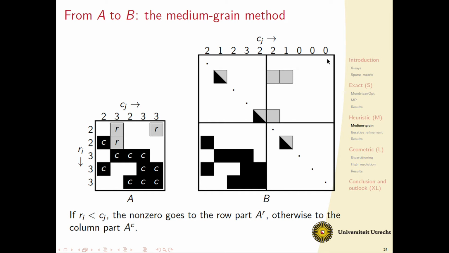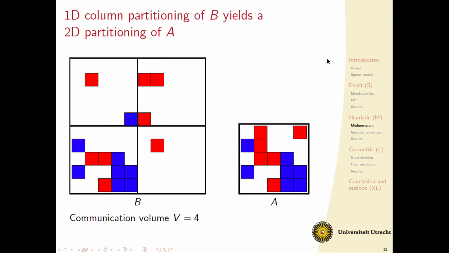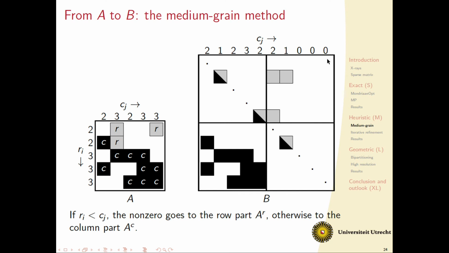If I take that one, this non-zero is in a row with 2 non-zeros, but a column with 3. So it chooses to go with the row, and it ends up here.